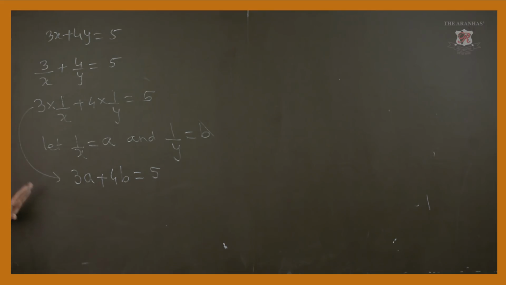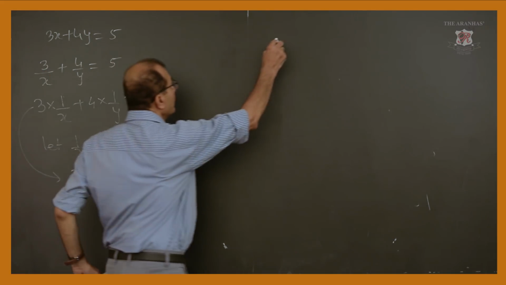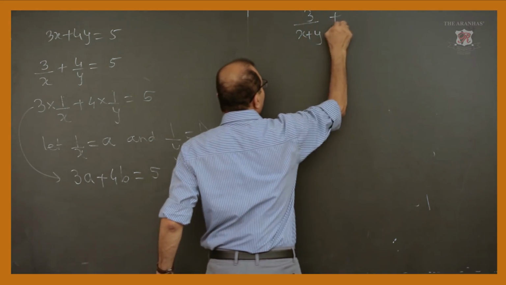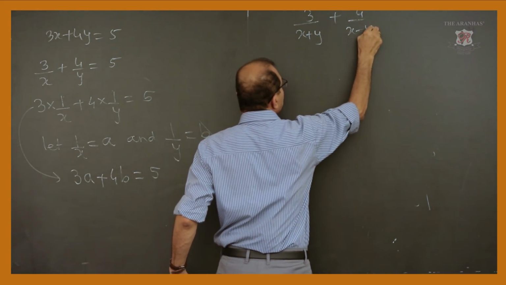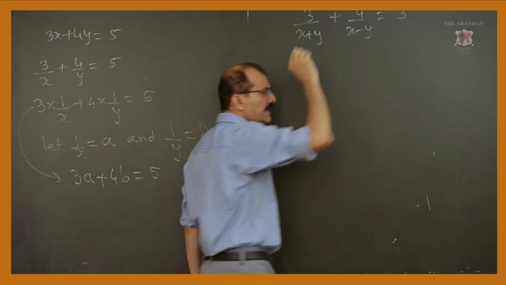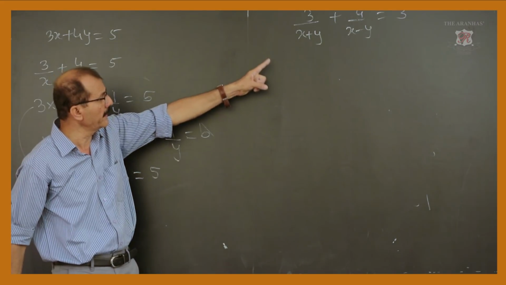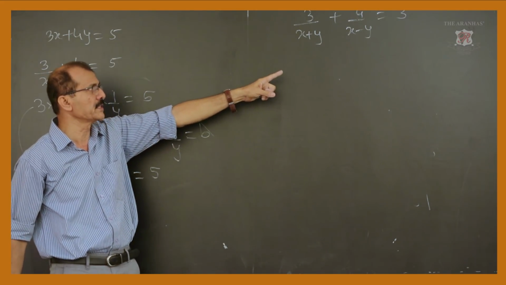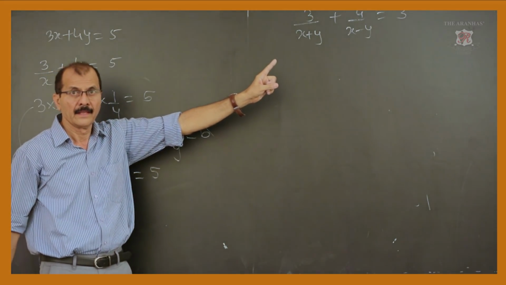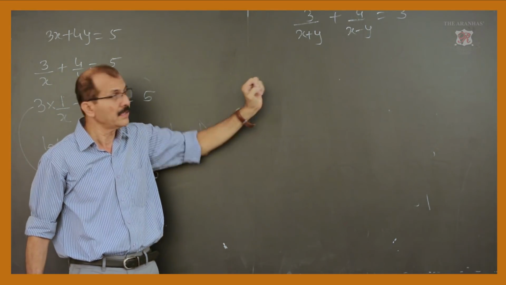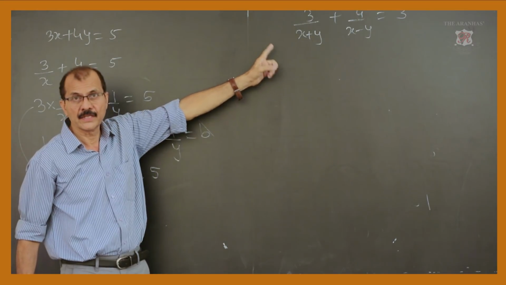Same way, suppose we have 3 upon x plus y plus 4 upon x minus y is equal to 3. Again you will find that this is not a linear equation because the degree is not 1.